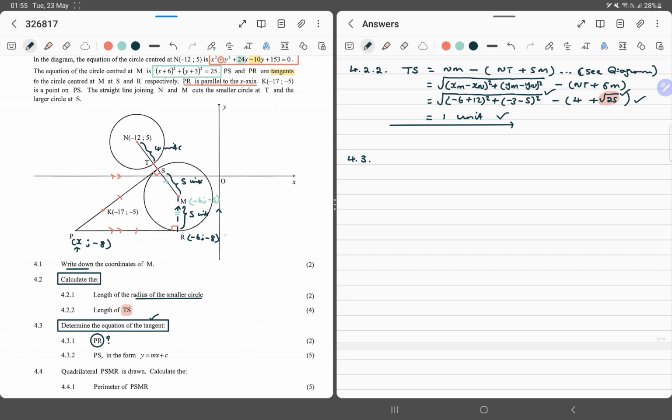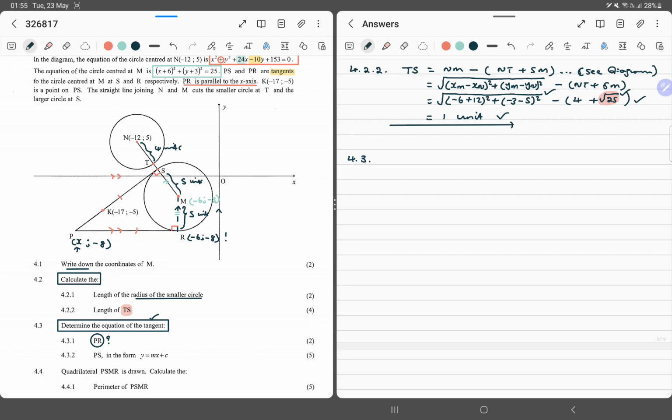So here we need to speak about how to determine the coordinates of R, because even though we did determine them, we need to put that into our argument.